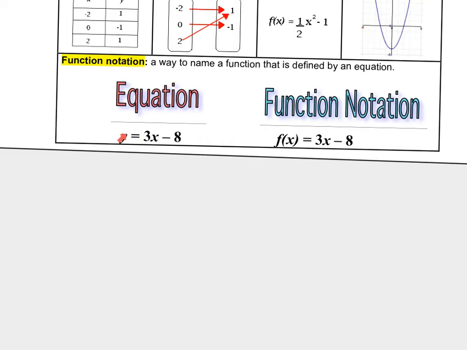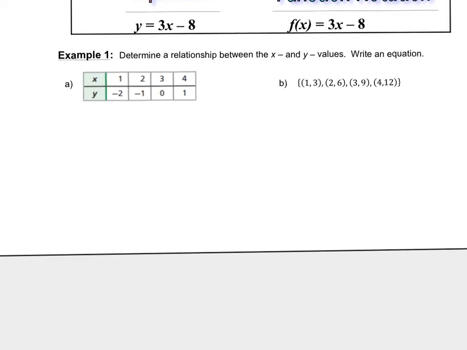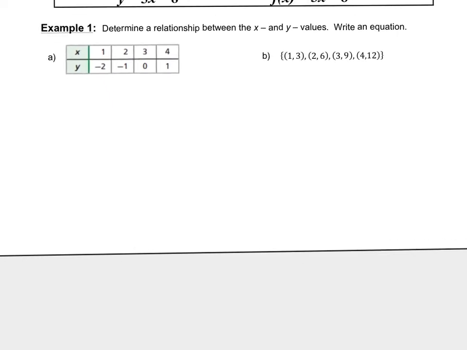An equation uses y equals. But they are basically one and the same. The only difference is that function notation is a way of writing an equation with f parentheses x instead of y equals.